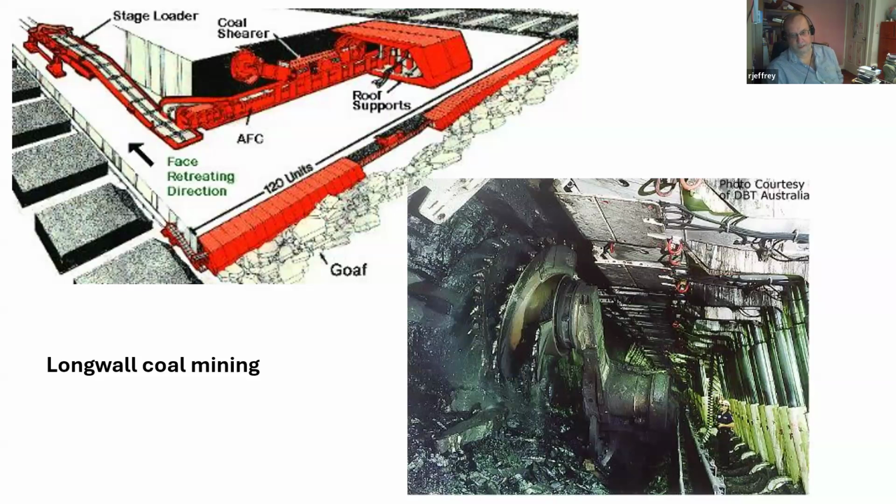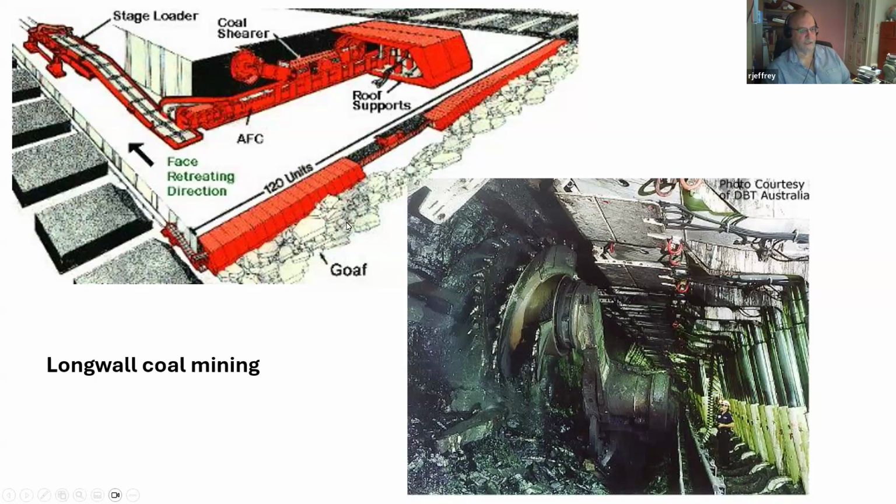And you can see for scale, there's a miner standing here looking up at the shearer. The seams in Australia tend to be quite thick. This is probably about a 4-meter thick seam. So the scale of the equipment is quite large.